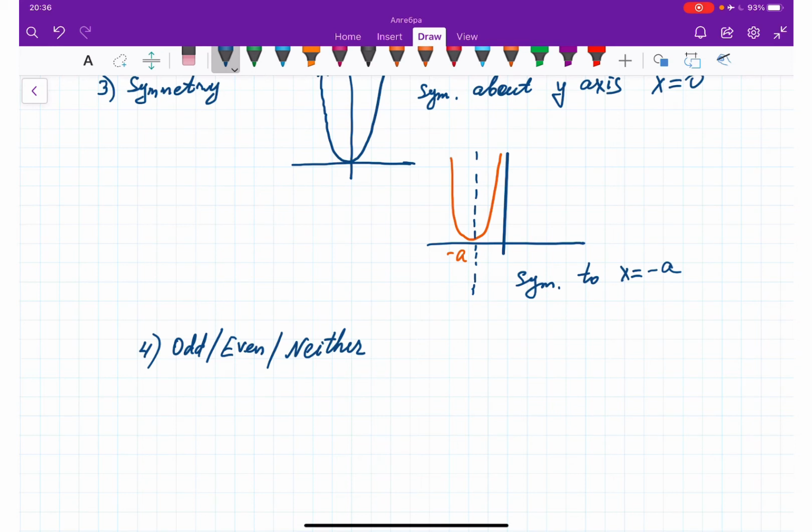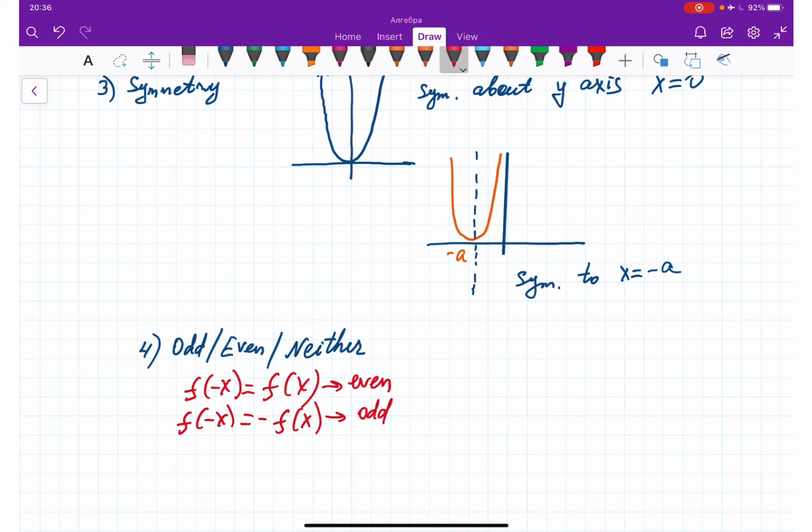The rule for the odd function is f of -x equals -f of x. That is the odd one. Neither is when neither condition is satisfied.